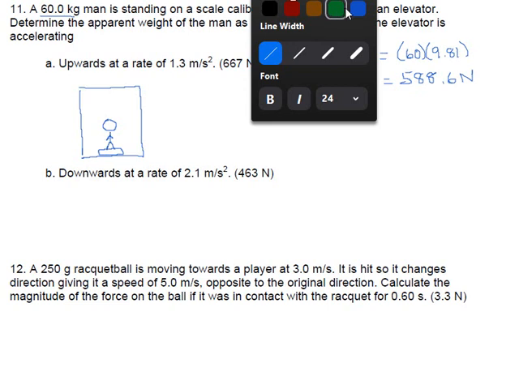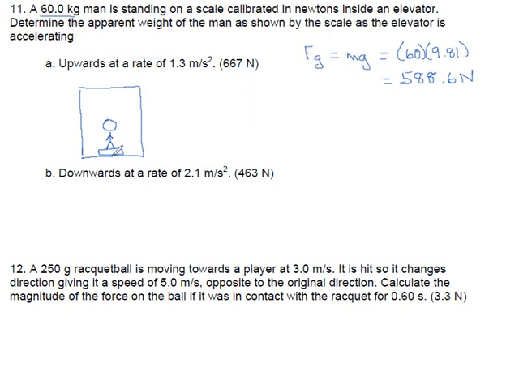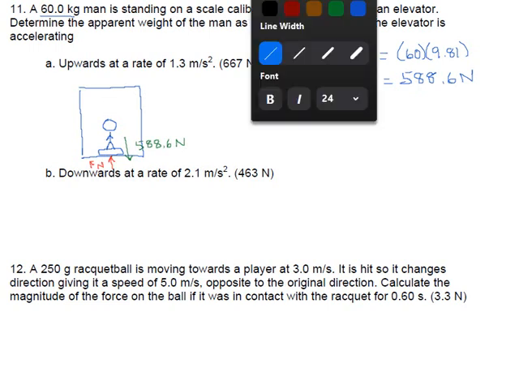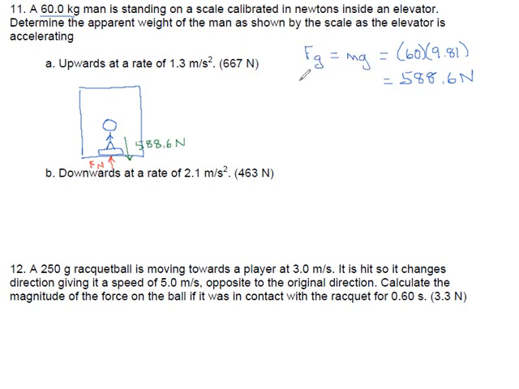That is the gravitational force pulling down on this guy, 588.6 newtons. And the other force acting on him would be a normal force pushing up on his feet through the scale. If we want to put all this together, Newton's second law says F net equals ma.